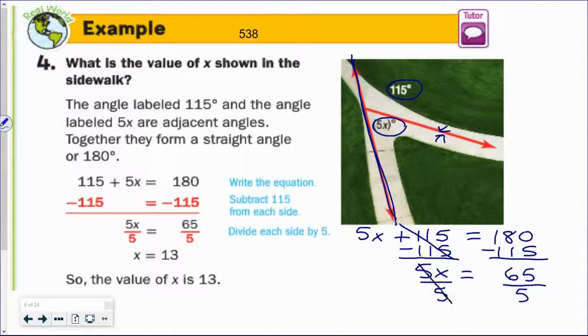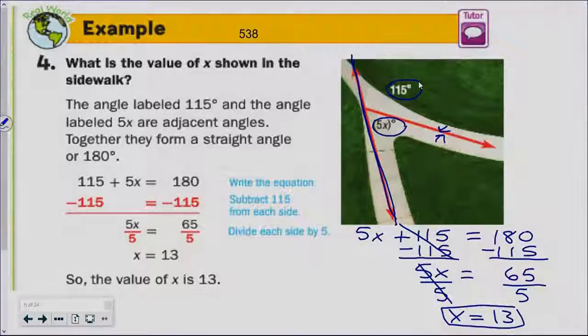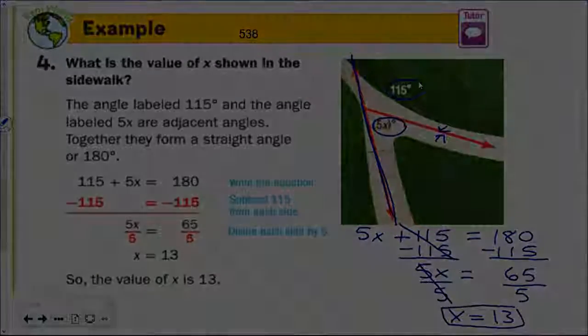And when I do that, x equals 13. So I'm able to get what x is by knowing that those two adjacent angles form that straight angle. So I can just add them together and make them equal to 180 degrees. That takes us up to the guided practice.